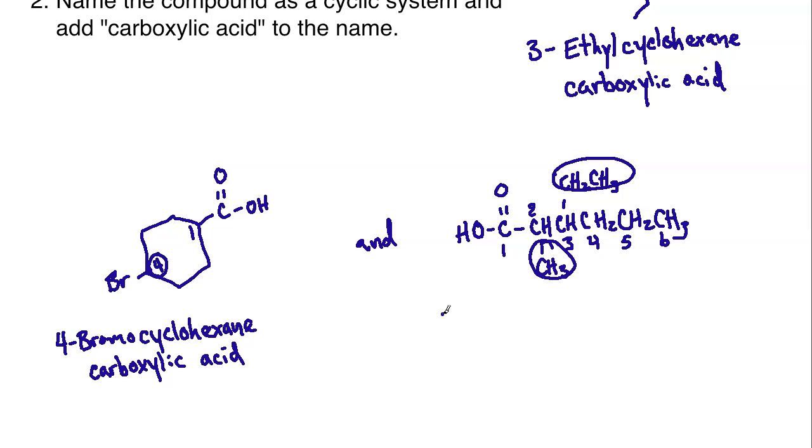It's going to be 3-ethyl to start. Then we'll take care of the methyl, so 2-methyl. And then again, if I do a carbon count, there's 6 total here. So that means the final portion of this name should be hexanoic acid.